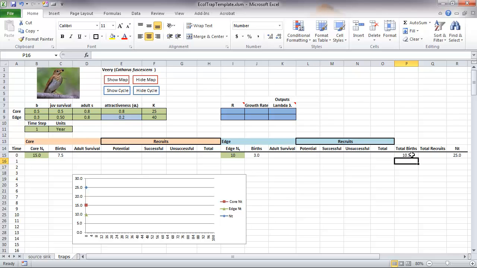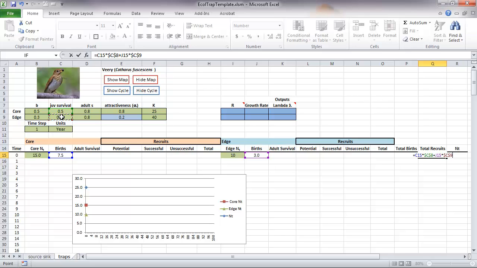Now, how many of those individuals will make it to become recruits? It's going to be equal to the births from the core times the juvenile survival rate from the core, anchor that, plus the births from the edge times the juvenile survival rate from the edge habitat, and we'll anchor that reference.